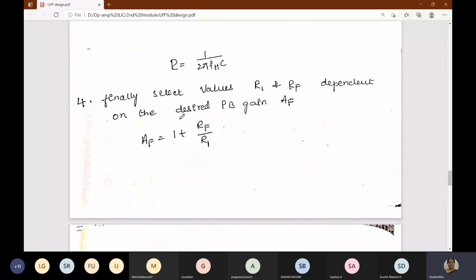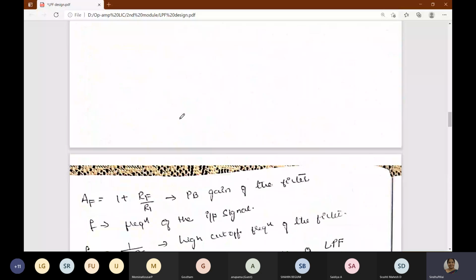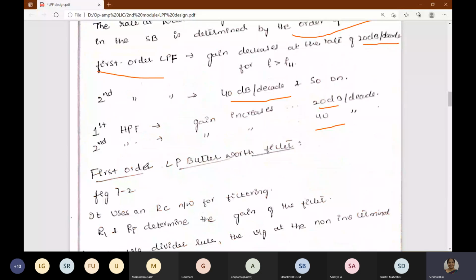So after this we'll move on to the first order low pass Butterworth filter. First, after knowing all about the four filters and the equations of their frequency response, next we'll see what this first order low pass Butterworth filter is. A Butterworth filter means its pass band and stop band are both flat.